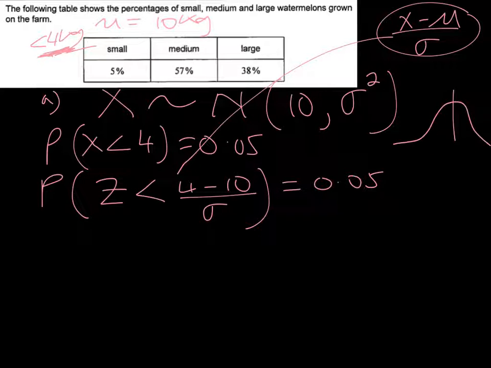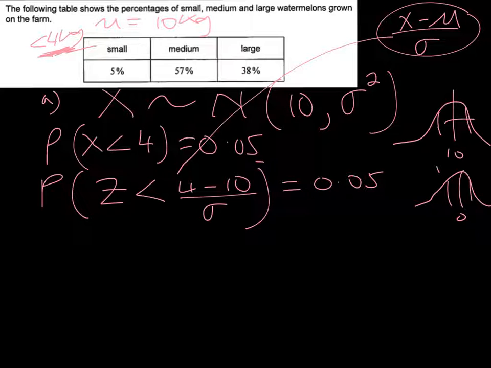Because if we remember, it's the same shape. I've got a mean of 10 and a standard deviation of some value which I don't know, but I can standardize it onto the normal distribution which has a mean of 0 and a standard deviation of 1.